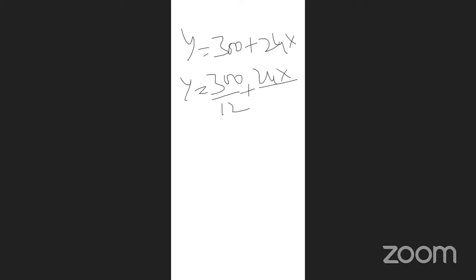Now, see, y is equal to 300 plus 24x. This is to be converted into monthly trend. That means this is annual trend, and they are asking us to convert into monthly trend. So taking the month, it is 300 divided by 12 plus 24x divided by 144.